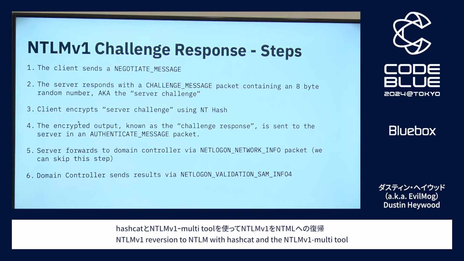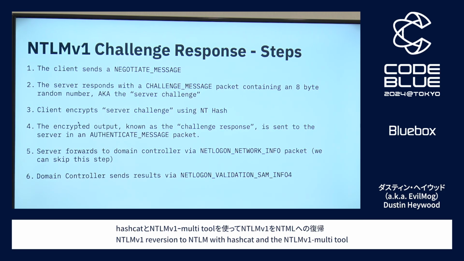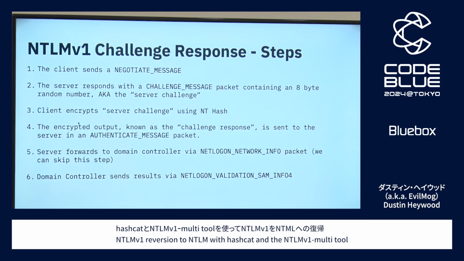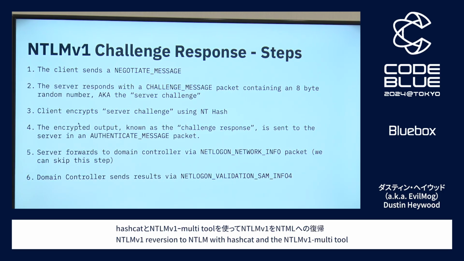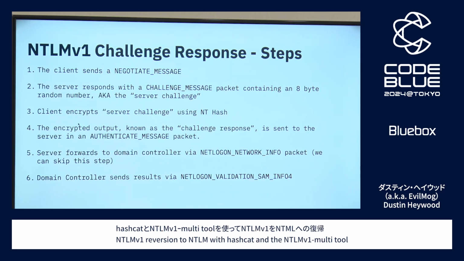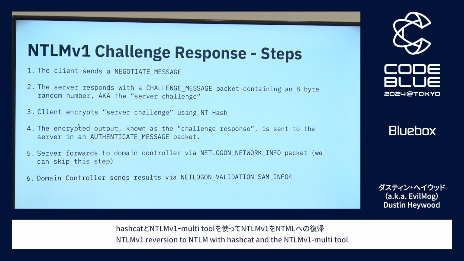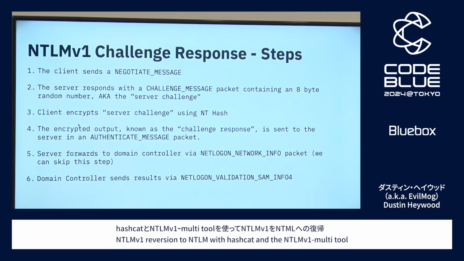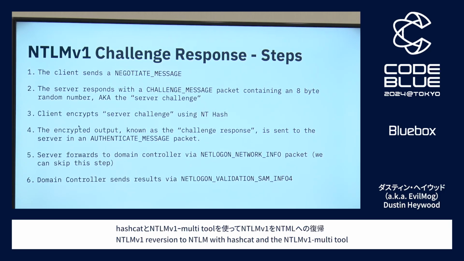So the initial step of this is the client is going to send an NTLM negotiate message. This basically sets up the parameters of the NTLM exchange. The server is going to create a challenge message packet. Basically says, hey, give me your password. And this contains an 8-byte random number, aka the server challenge. This gets used later in some DES calculations, but I'll show you a diagram.